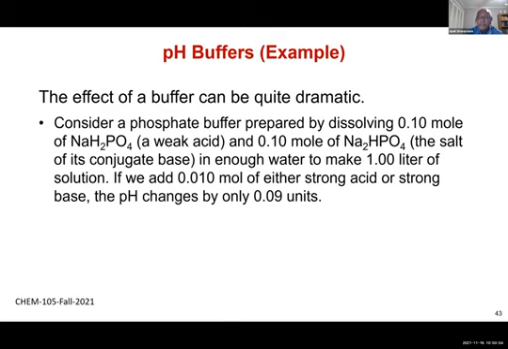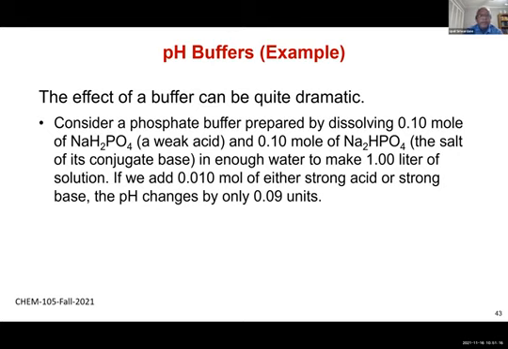Now it has one less proton: NaH2PO4 becomes Na2HPO4.